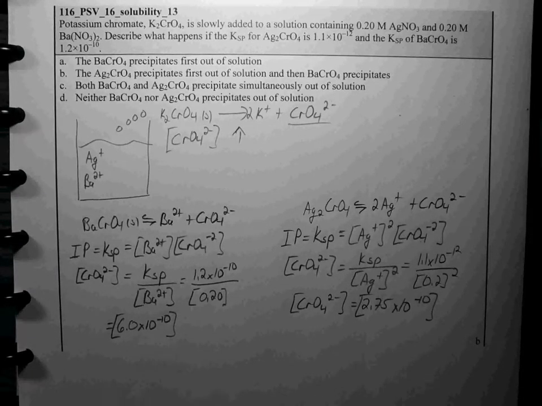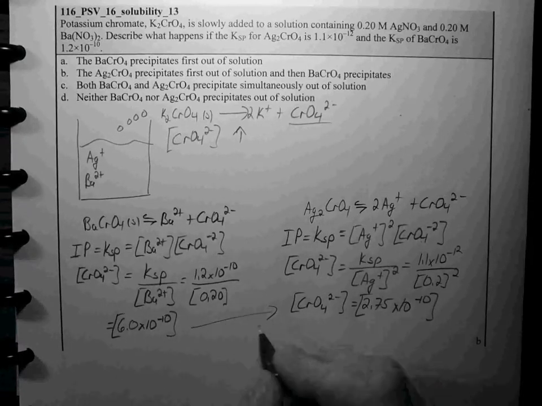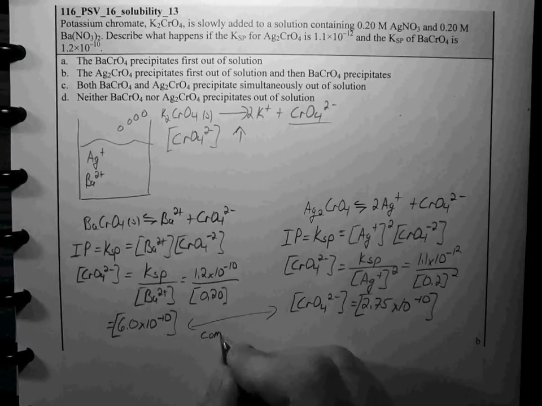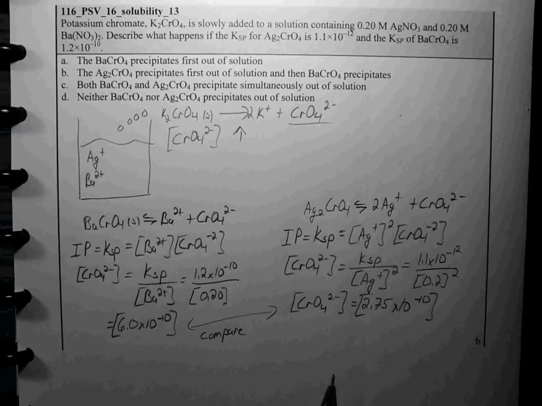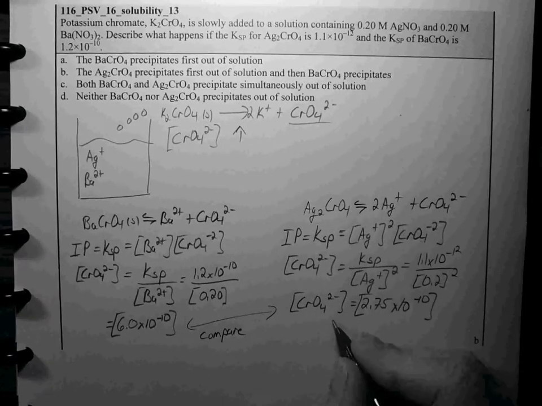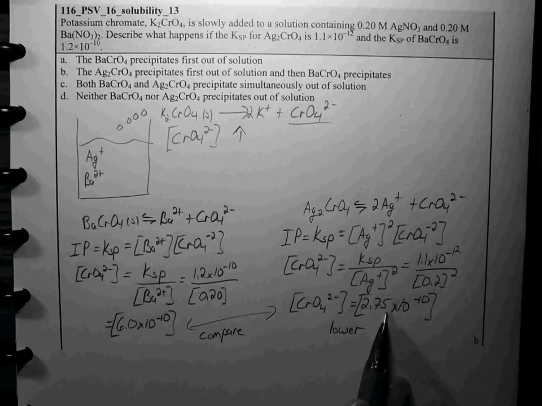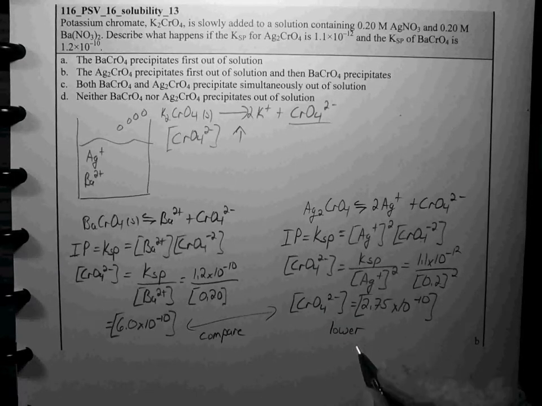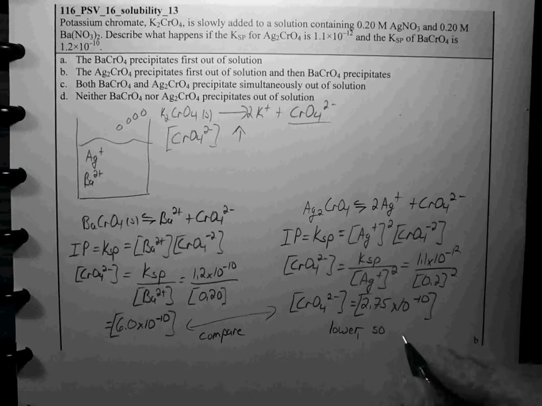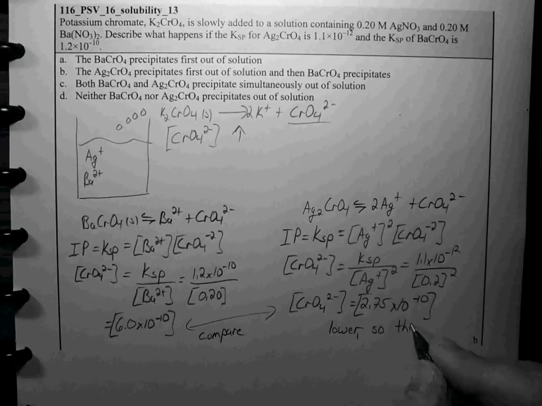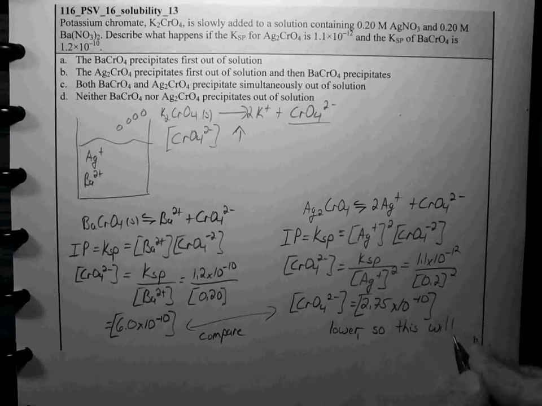Okay, so let's compare these. We find that we need a lower concentration of chromate to start precipitating out the silver chromate, so this will precipitate first.